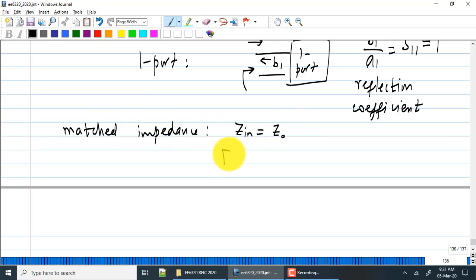In general, the magnitude of gamma, since you deal only with matched systems and you're trying to match impedances, you don't worry too much about the phase for the reflection coefficient. There are some specific circuits where you worry about the phase of reflection. For example, if you're building a phase shifter, you have to worry about the phase. But in most systems, you are interested in the magnitude, making sure it's extremely small.